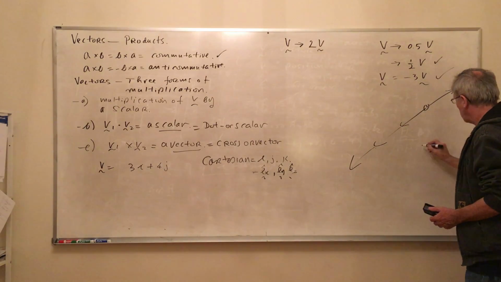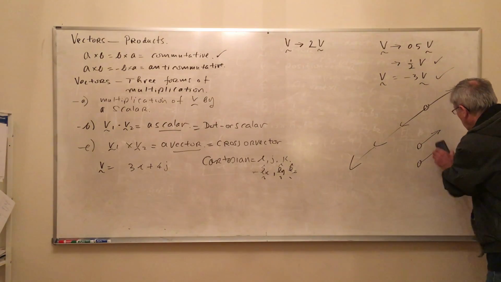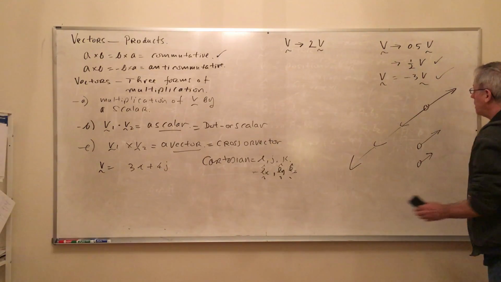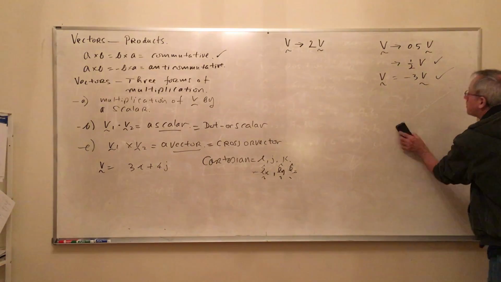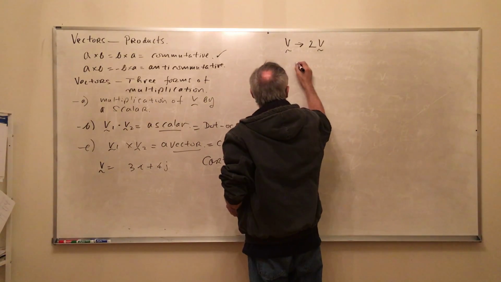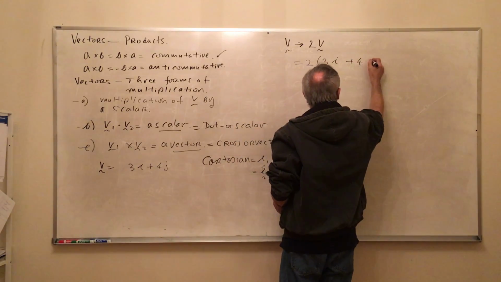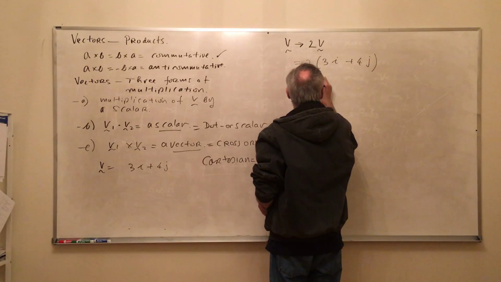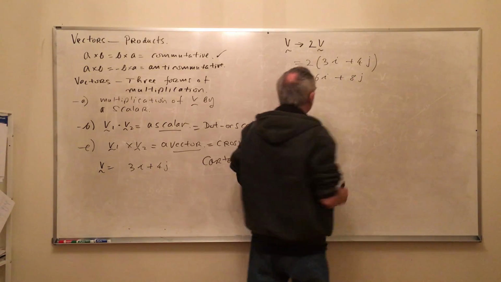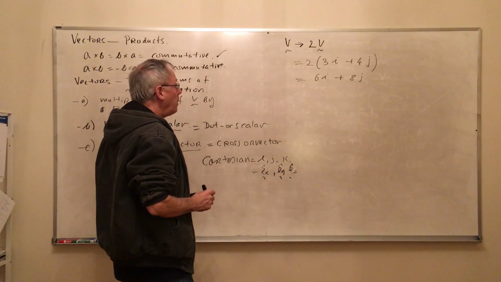If the vector is that way, the next one, multiplied by half, will just be half as long. So for the first one, we just go 2 3s is 6, 2 4s is 8, and we get a vector 6i plus 8j.